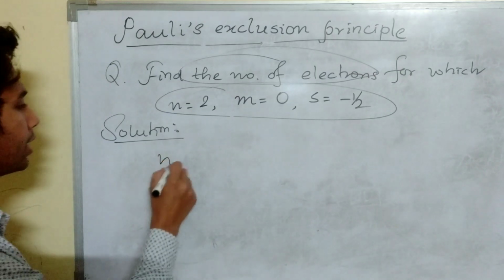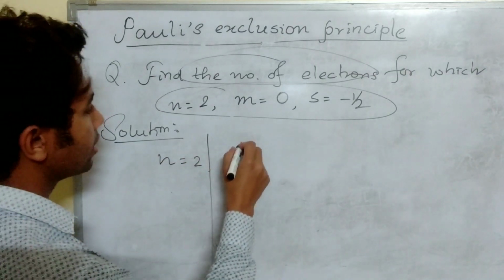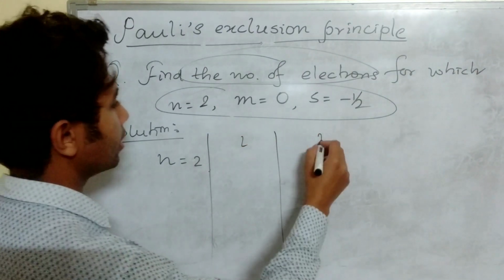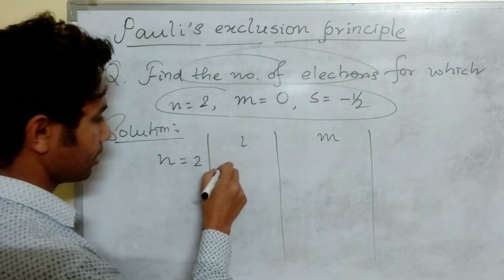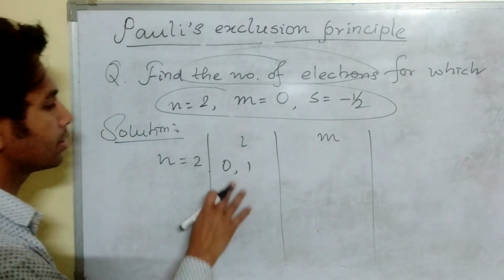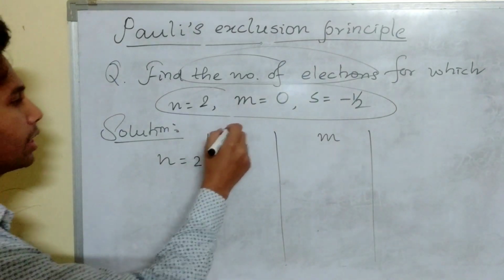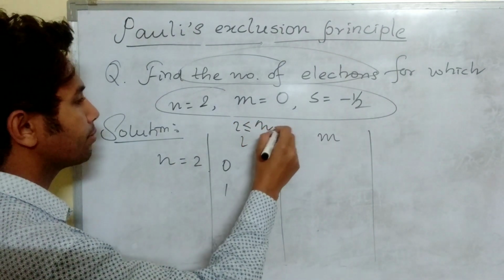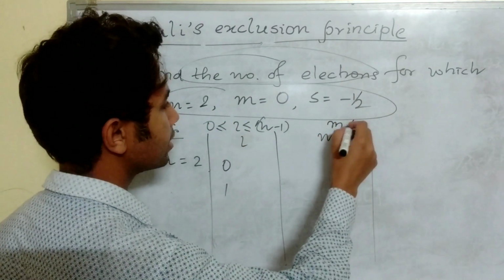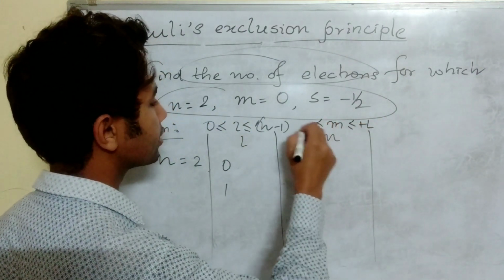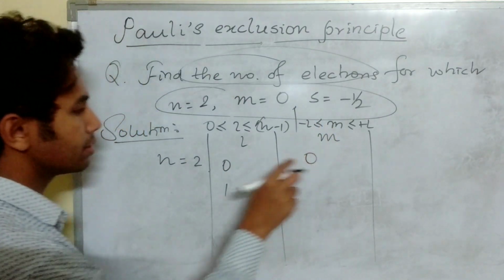If we have n is equal to 2, l will be 0 and 1. l is less than or equal to n minus 1 and greater than or equal to 0. m is less than or equal to +l and greater than or equal to -l.